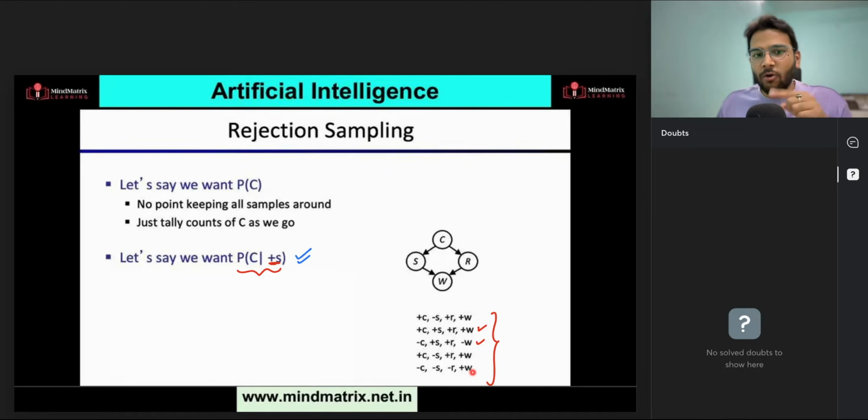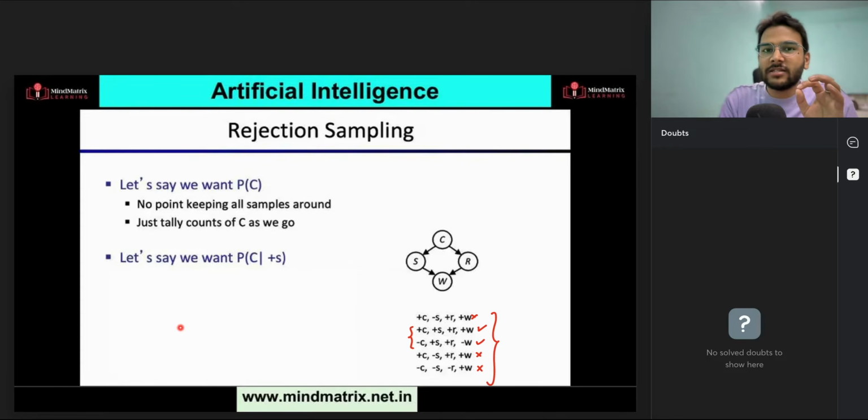Correct. In the first one it is minus S, so you are not going to consider it. Here also, here also. So just these 2 samples you have filtered out. And now out of these 2 samples, you will find the probability of C given plus S. Do you agree? Is this clear so far?